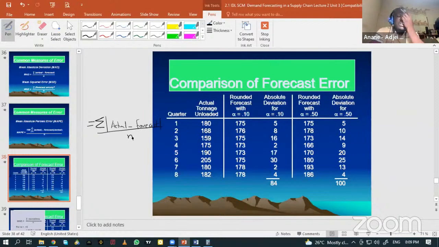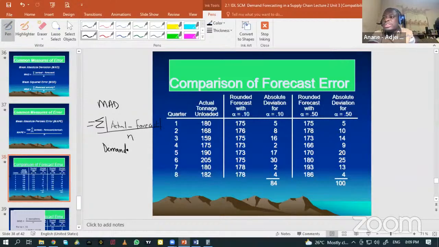What it means is that we are supposed to find the MAD, the mean absolute deviation. We are supposed to subtract the forecast from the actual figure, the actual demand.